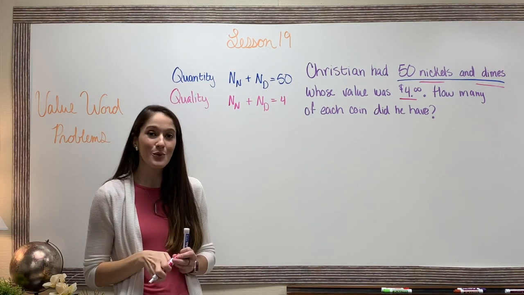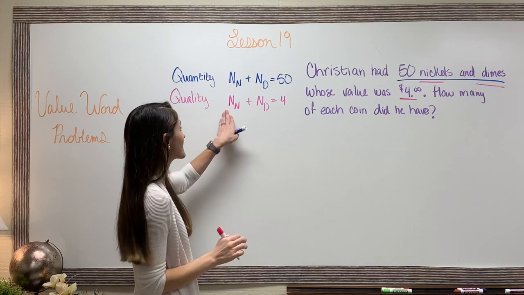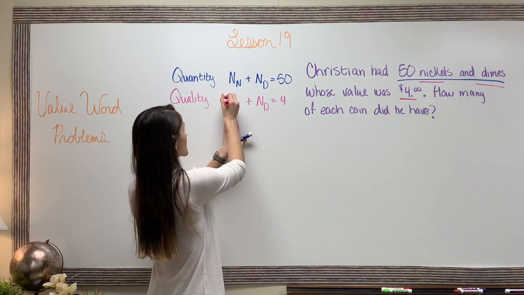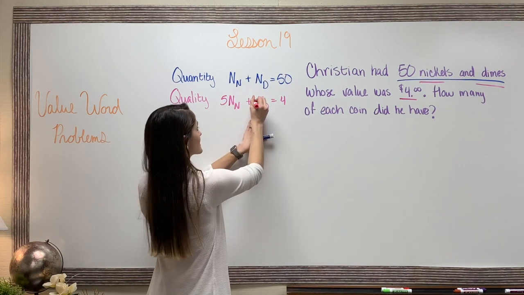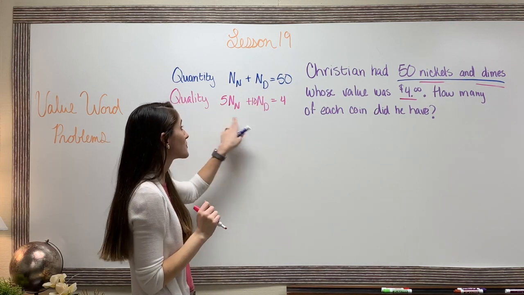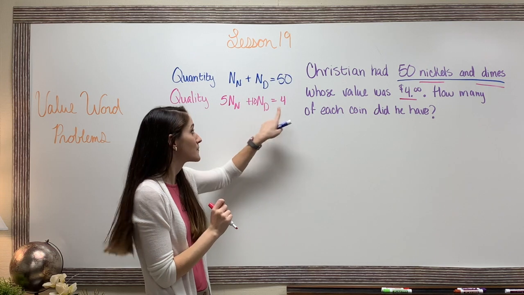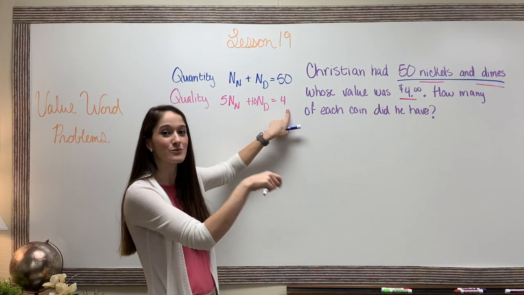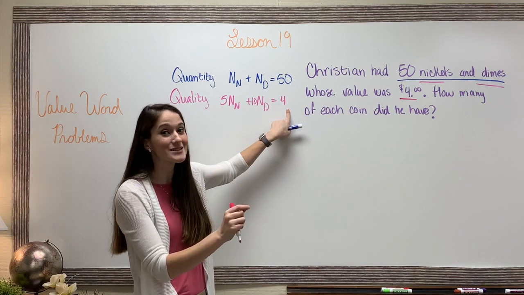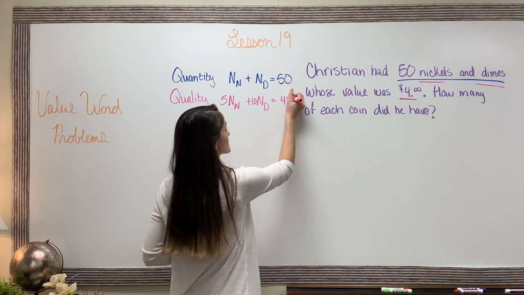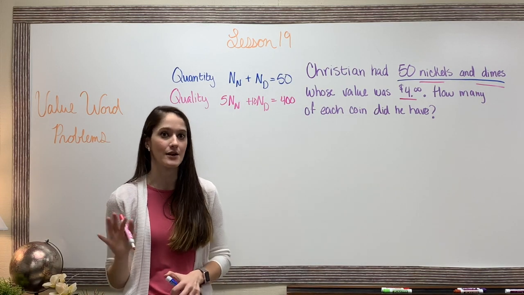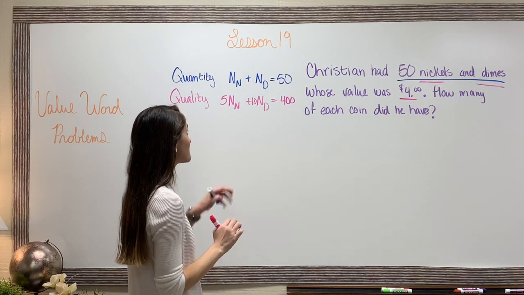But if we're dealing with value, I'm going to have to assign a value to each of these. I know that nickels are worth 5 cents, and I know that dimes are worth 10 cents. But if I'm dealing with cents, then my other part of the equation needs to be in cents as well, not in dollars. So it's going to be 400. And this way, I don't have to deal with any decimals either. So that's another reason why we set this up.